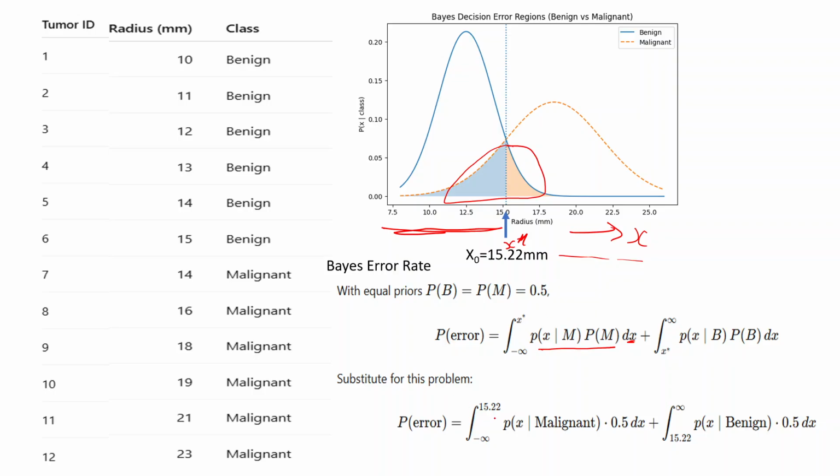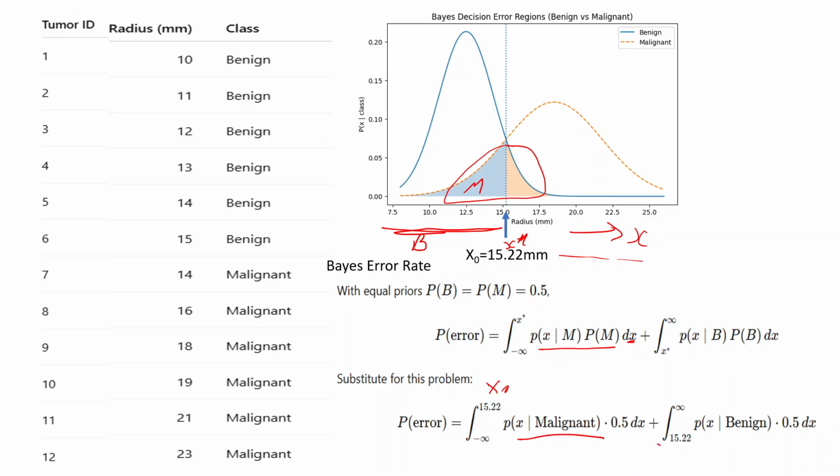Now, in our example, our decision boundary was 15.22. Therefore, the probability of error modeling will be from minus infinity to 15.22 with respect to the malignant, because in this portion we are deciding it as benign, but it is actually a malignant case.